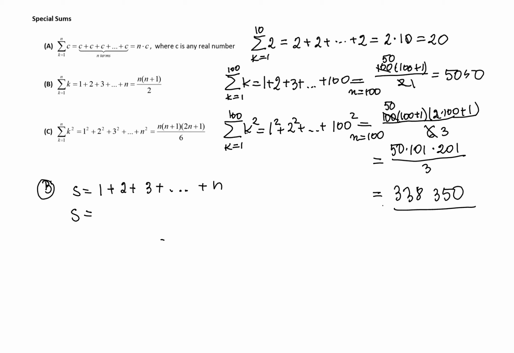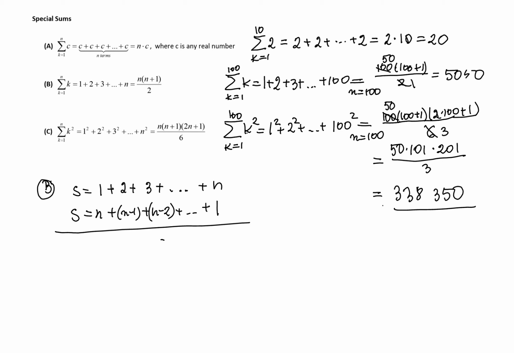Let's rewrite this sum in order of decreasing values. We'll start with n. The next value is going to be n minus 1. We are decreasing it by 1, n minus 2, and so on. And the last term in this sum, written in that way, will be 1.